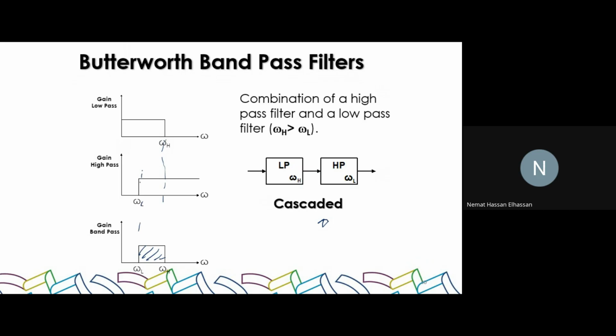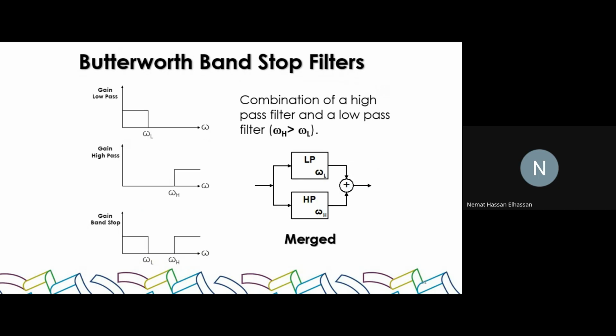If you want to use them to build a band stop filter, you have to add them in parallel, given that the cutoff frequency for the low pass is lower than the cutoff frequency of the high pass, because that difference is your stop band. Otherwise, it will be just a full pass filter. Make sense? Any questions so far?